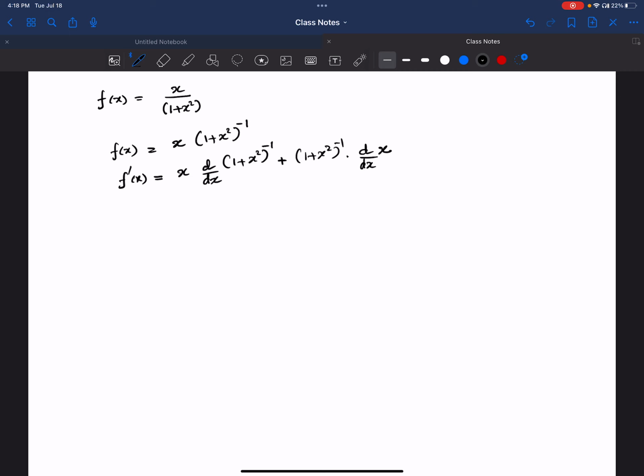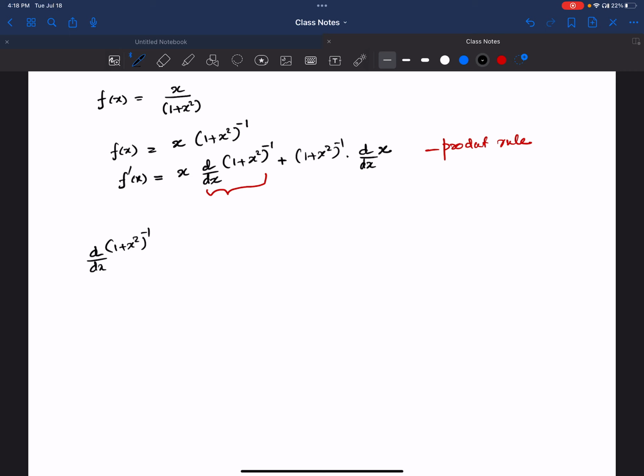Just apply the product rule. Now what I want to find is this part, part 1. So I take that one and write it here, d over dx of 1 plus x squared to the power minus 1, right?